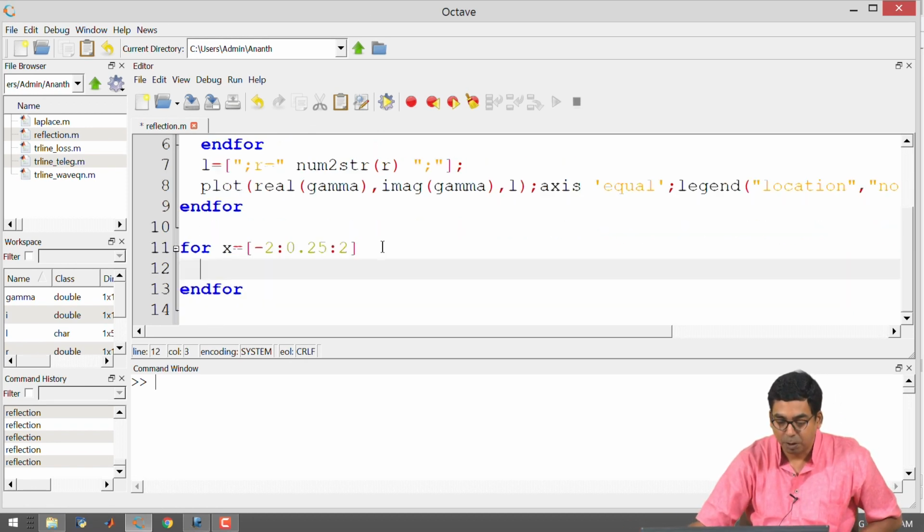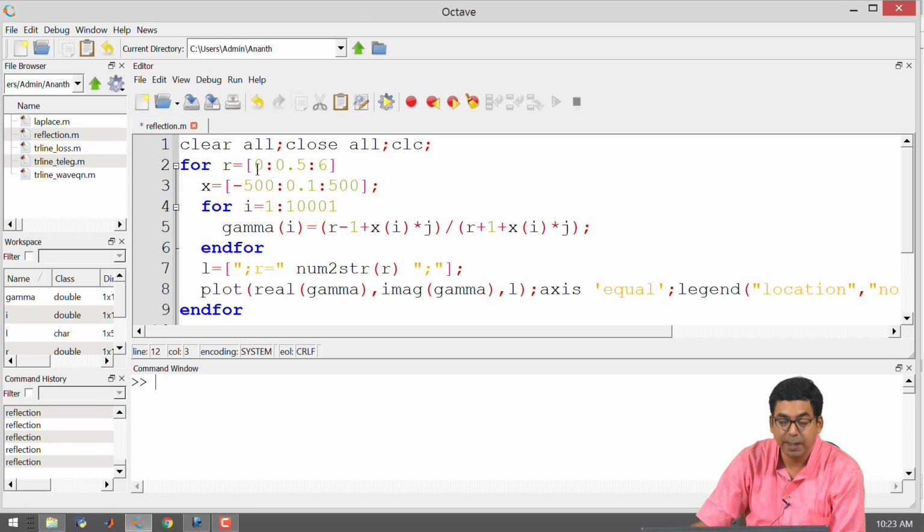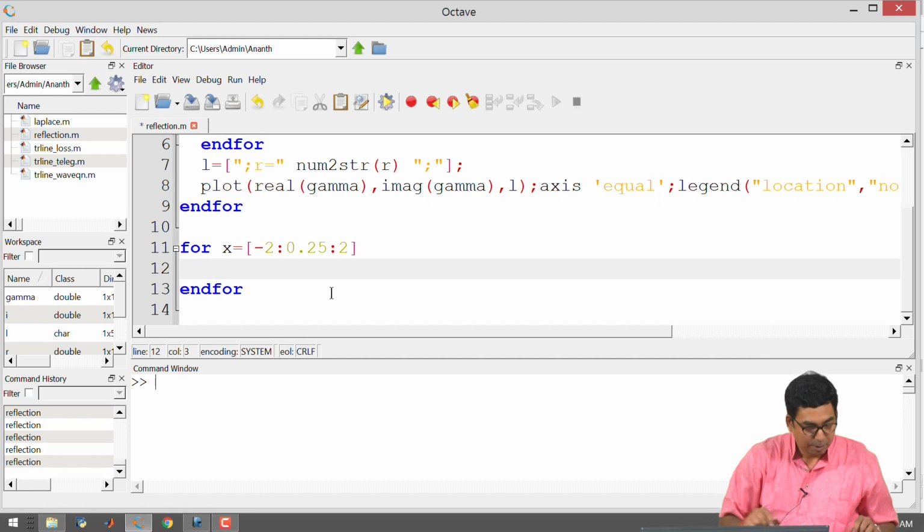Okay. So, I want to vary x from minus 2 to 2. I am doing this because resistance we were keeping from 0 to a positive number, because we are considering here only passive circuits. Okay. But I know that x can go from negative to positive. So, I am just taking a value minus 2 to plus 2, and I am going to go in steps of 0.25.